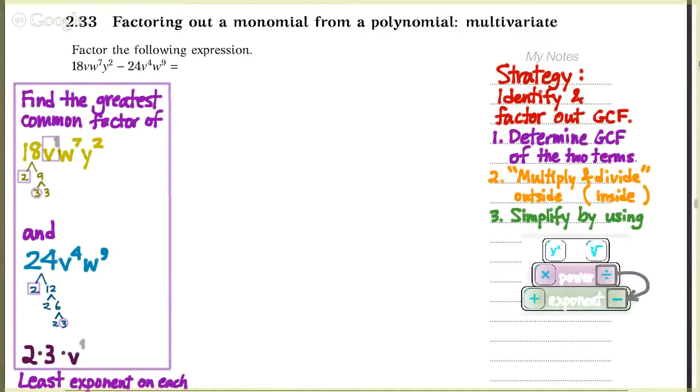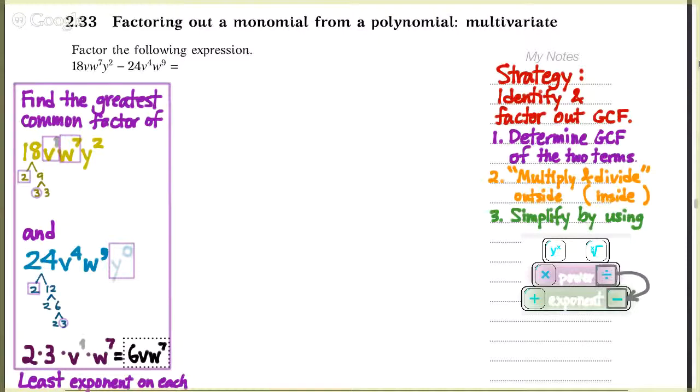So choosing the lesser exponent, we're going to choose a single power of v for our greatest common factor. At the level of the w's, we're going to choose the w to the 7th over the w to the 9th. At the level of y's, we're going to remind ourselves that our second expression has no y's in it whatsoever, so it has 0 powers of y, which means that we're going to choose no powers of y for our greatest common factor. So there won't be any y's in our GCF.